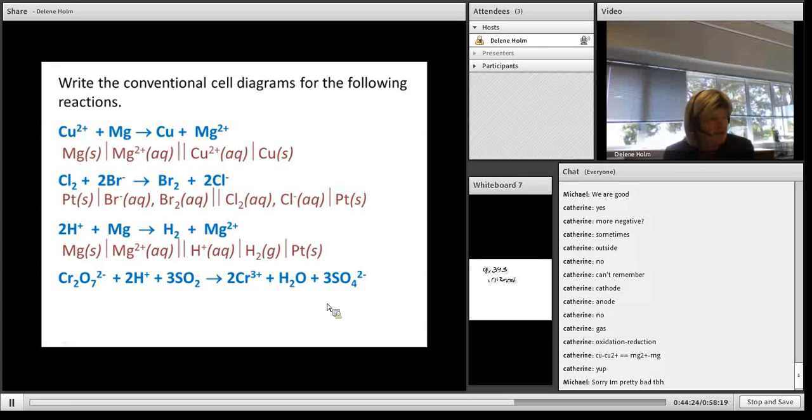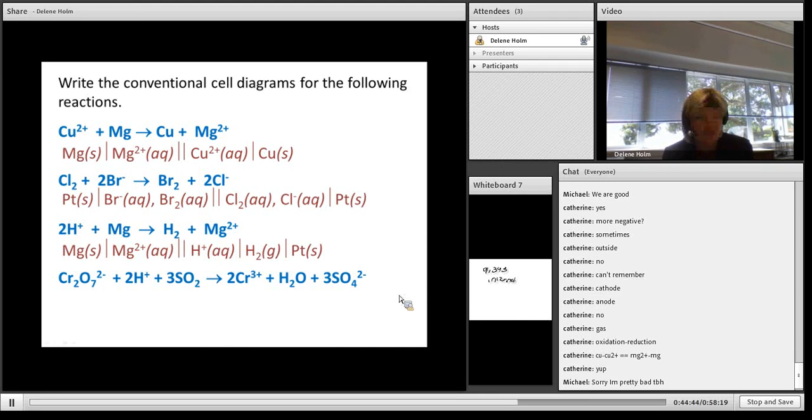And finally the last one, it looks very clunky and you go, wow, but you can simply leave out the other bits. The important bit is the dichromate going to chromium ions and the sulfur dioxide going to the sulfate ions. This is a reaction you saw in that last video.